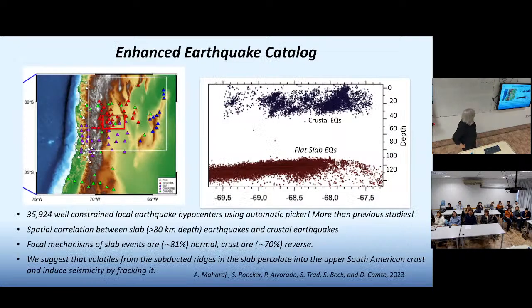More recently, Ariana and Steve Roecker and his group at Rensselaer, working with folks here, and in fact, Steve will be here soon, going back to some of the previous data that we collected, SIEMBRA and ESP and IMPRESS data, were able to use one of these automatic pickers.